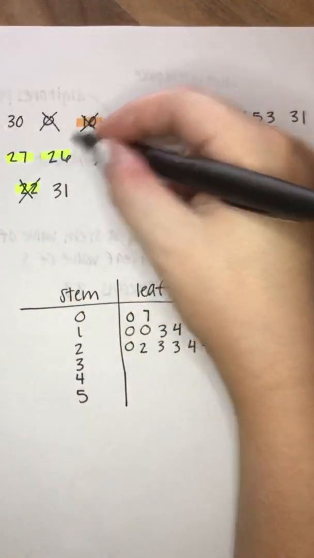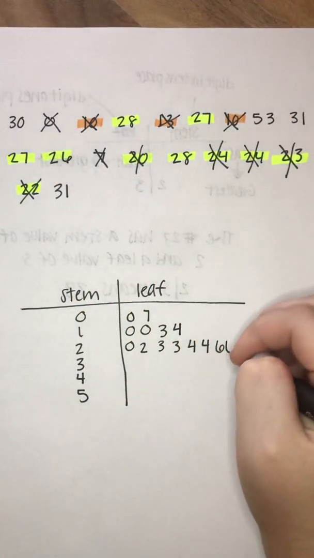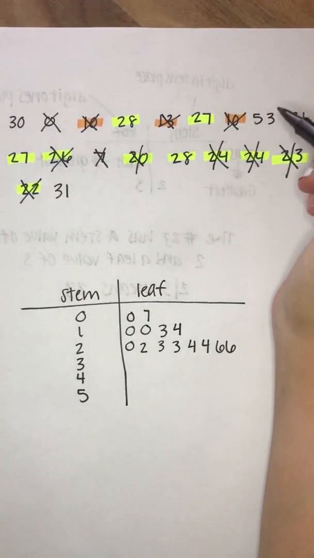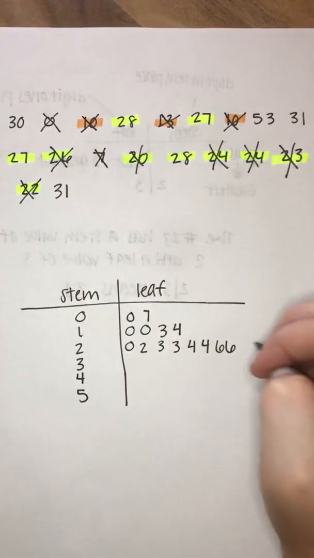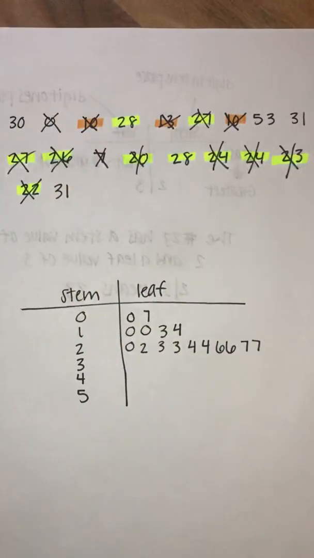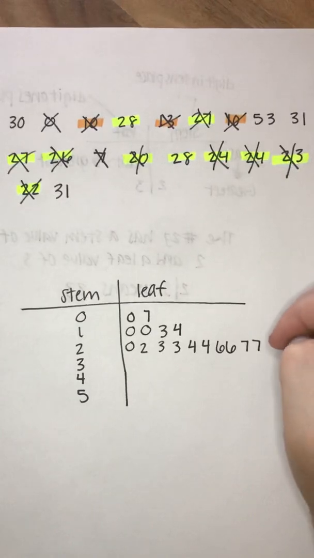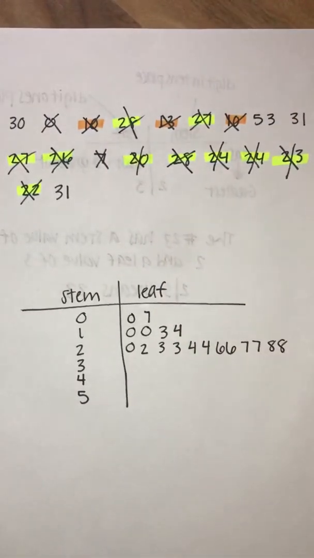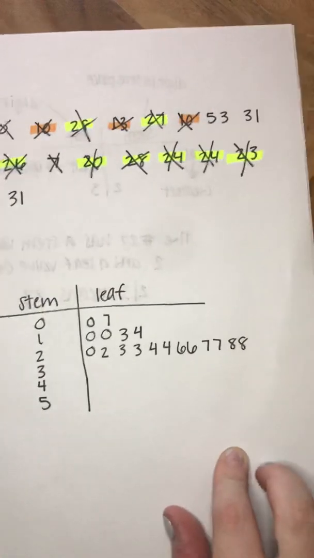I have two 26s, so I'm going to write 2 6s. Then to 27, because I have two 27s, so I write 2 7s. And then two 28s, so I'm going to write 2 8s. So I'm done with my 20s.